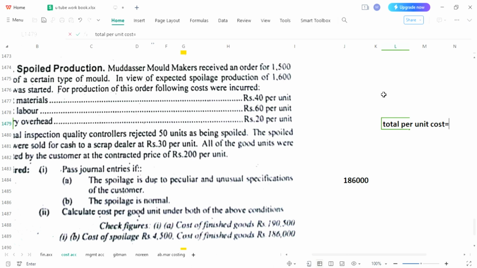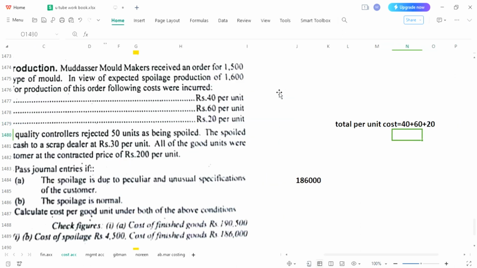There are three costs, 40 plus 60 plus 20. So this was your total cost, and how much it was we can calculate over here: direct 60 and 40, 100, 120 was the total cost.